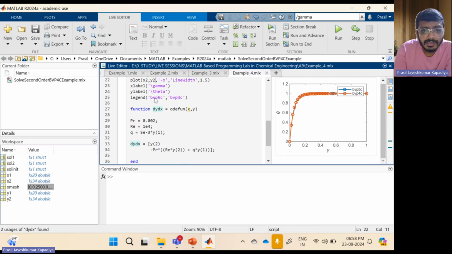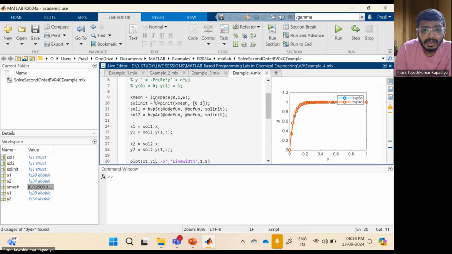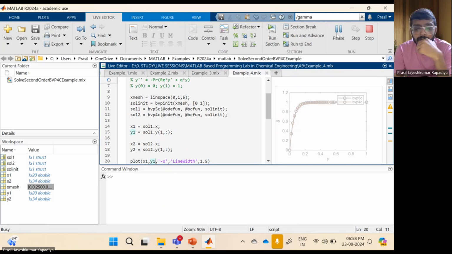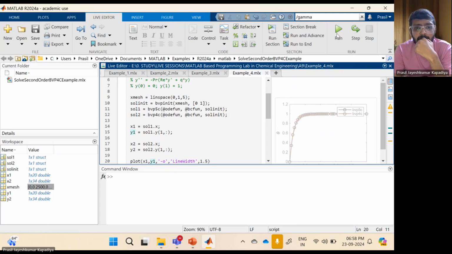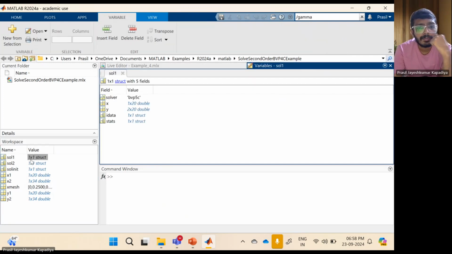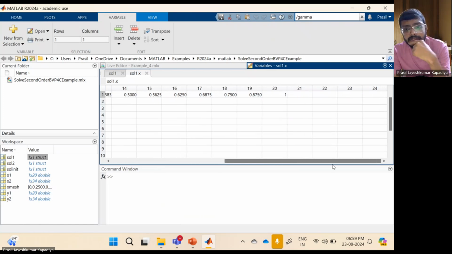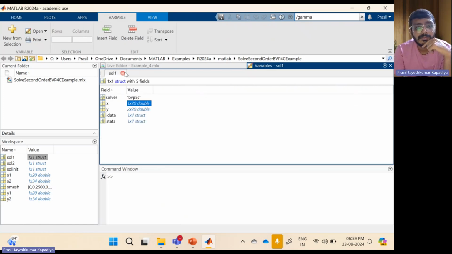But why is it showing like this? Why is it showing 20 points?